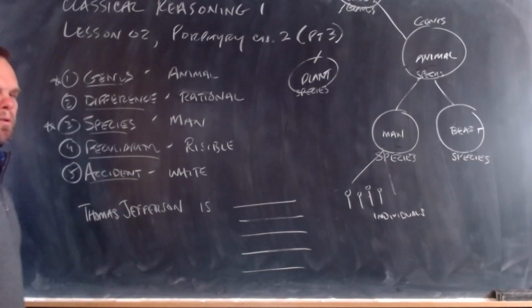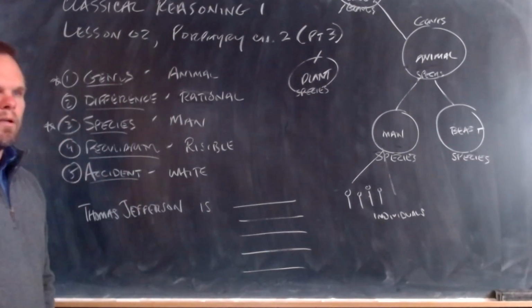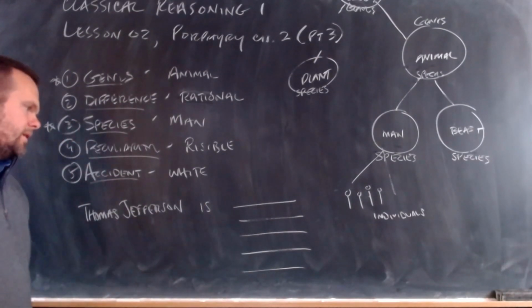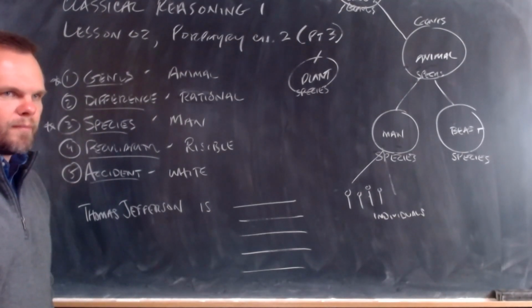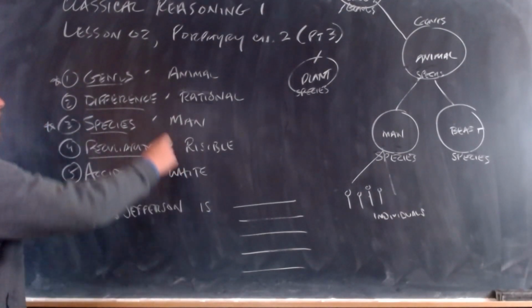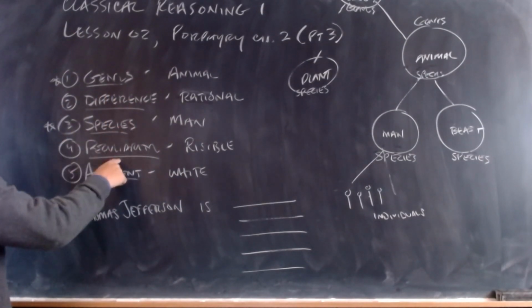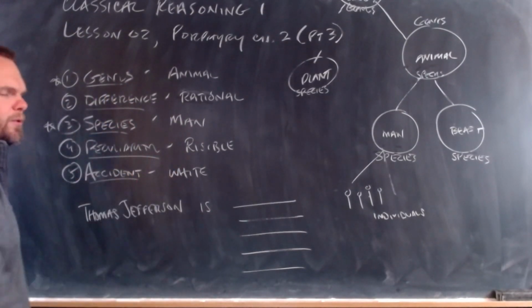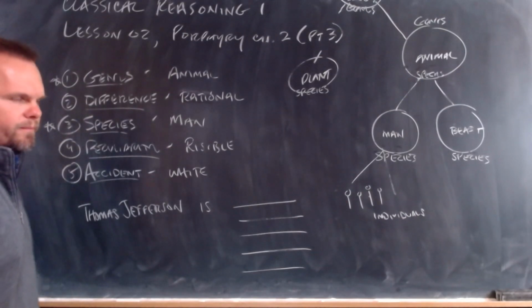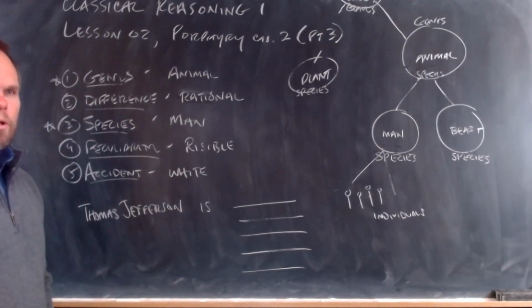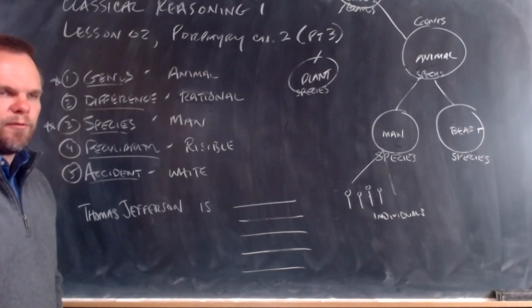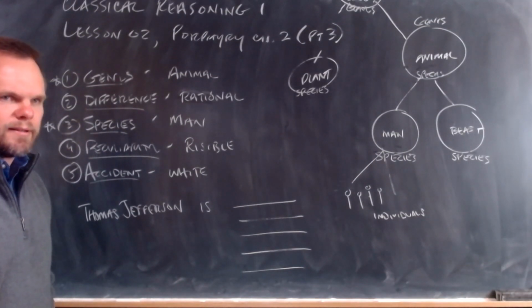If we were to predicate or assert 5 different things about Thomas Jefferson, we can use each of these predicables. We could list hundreds of things about Thomas Jefferson, but all of those things would belong to one of 5 classes. There's only 5 classes of things that we can say about somebody.